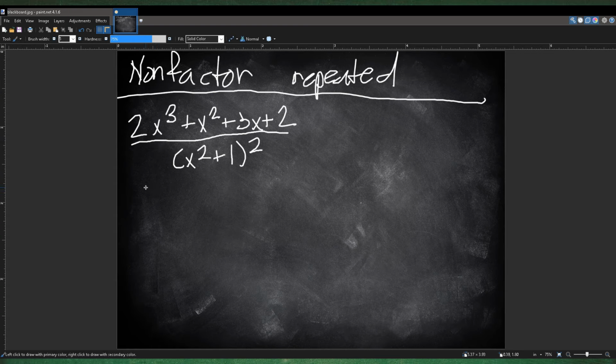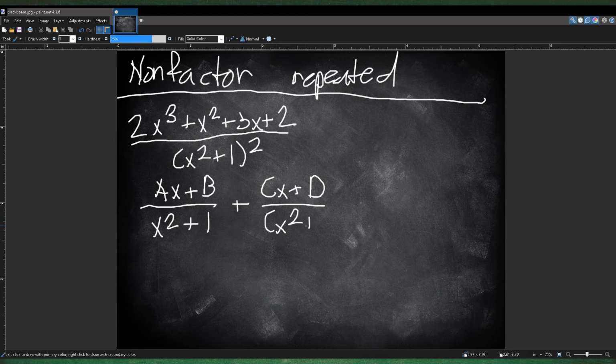So as I showed before, you have to write ax plus b for non-factors. And then you have to write the next term, which is cx plus d, all over x squared plus 1 squared.